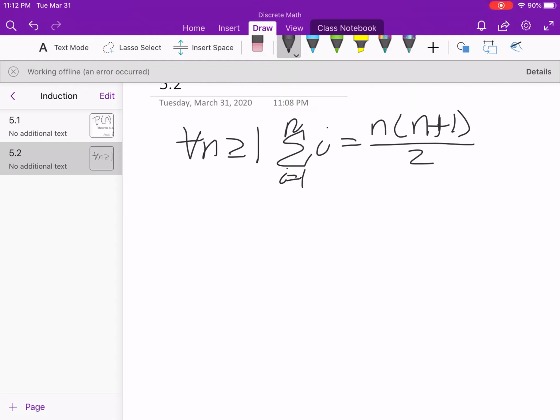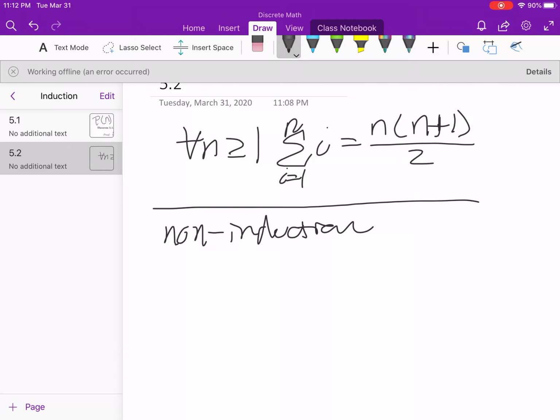Oh, it's the well ordering principle. So maybe we can talk about that another time, but we can prove it in several ways. So here's a way. This proof is actually very similar to a proof by Leonhard Euler. And let's take a look at this one. So here's the non-induction way.